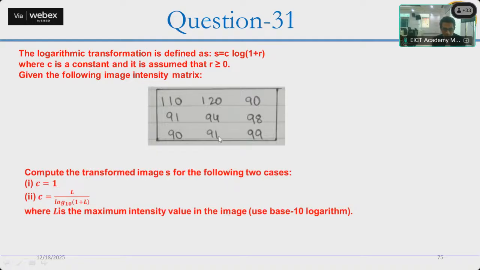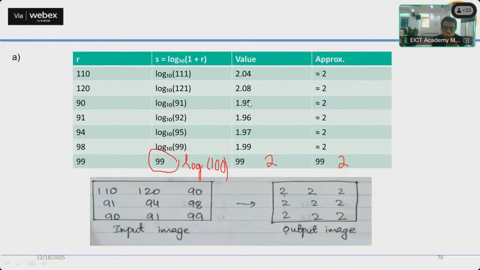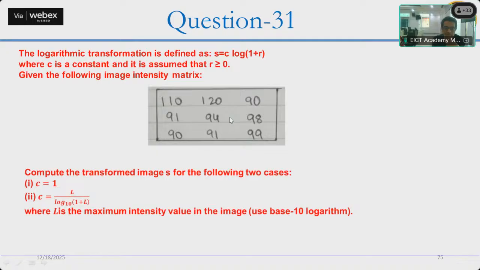Remember, what is the possible maximum intensity value? These values can be represented by how many bits? It is basically 7 bits, 127. So that's why it is there. It depends upon the number of bits actually.